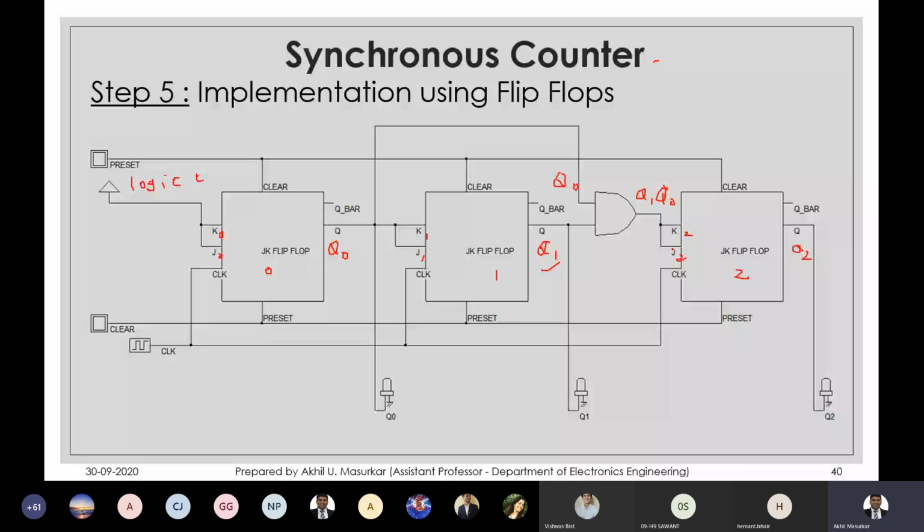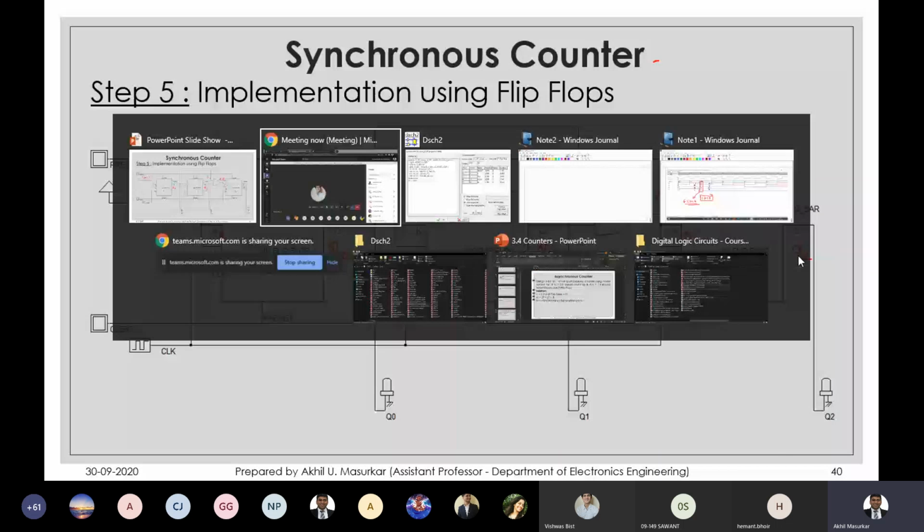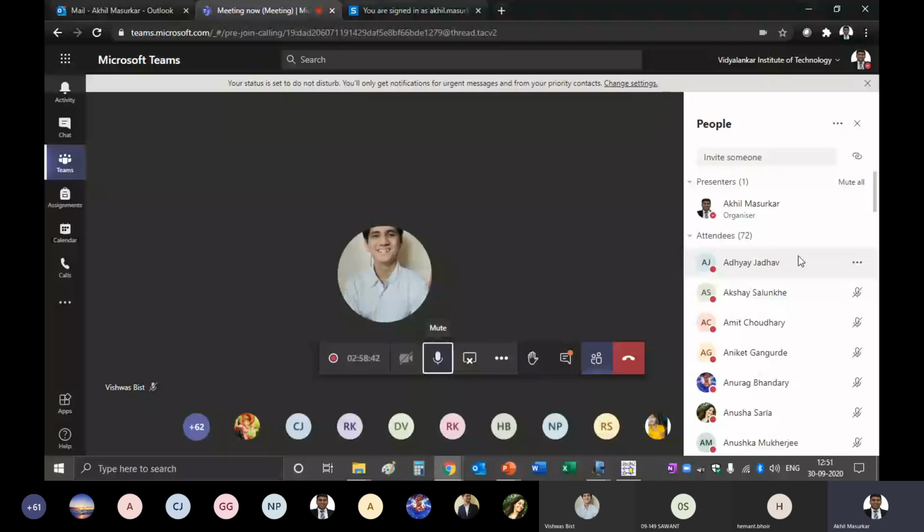So J2, K2 is Q1 and Q0. Now let us simulate this circuit for even better understanding.